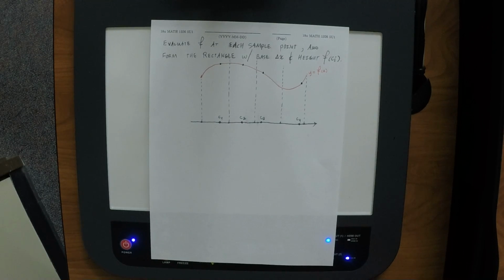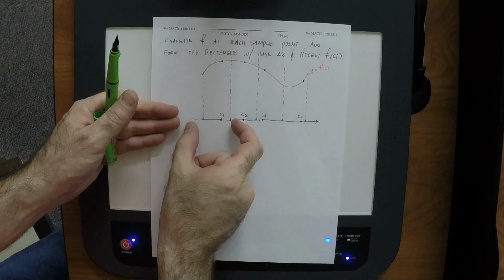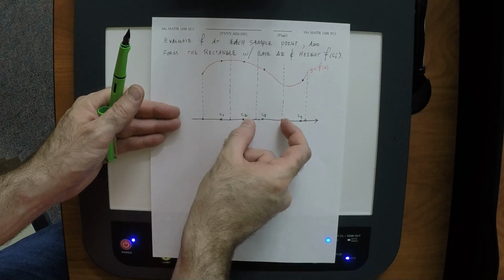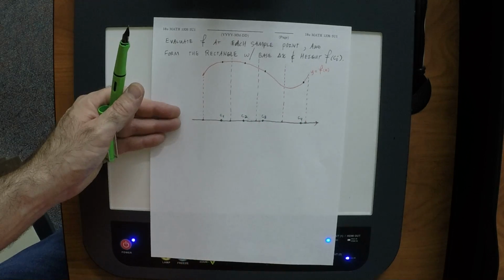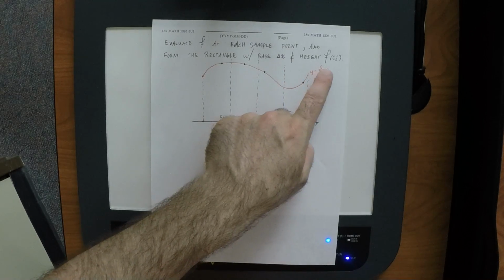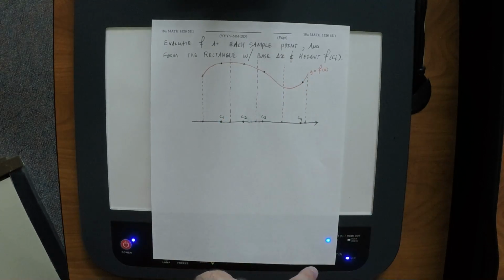So now, what's the width of all these? Delta x, right? Each one of these has a size delta x. And then we want to make the rectangles that have base delta x and height f of ci.